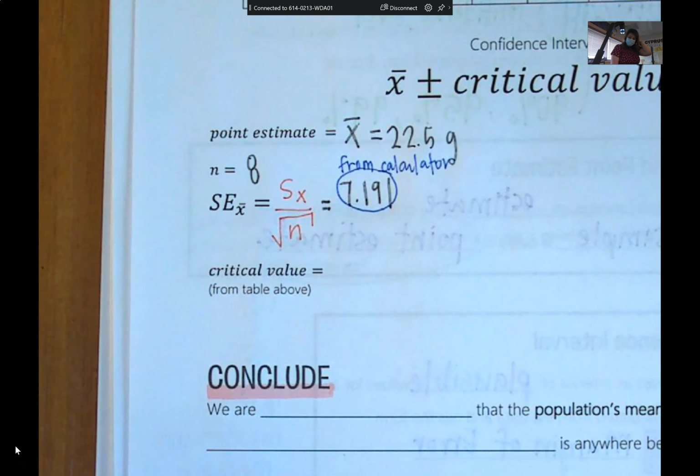Our sample average was 22.5. Then plus or minus our critical value, 1.960, multiplied by our standard error, 2.542.